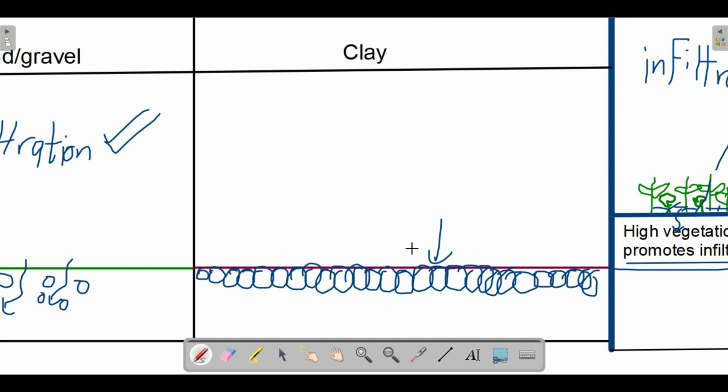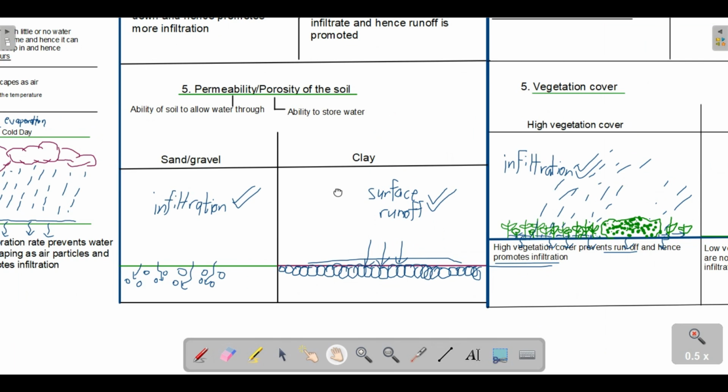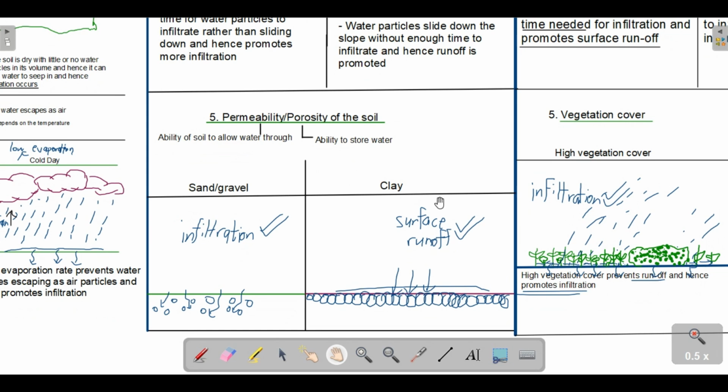It's very difficult for this water to go through, but rather it runs on top of the soil, and hence we see more surface runoff being promoted instead of infiltration, right? So the type of soil you have also affects the amount of infiltration or surface runoff you're going to have.